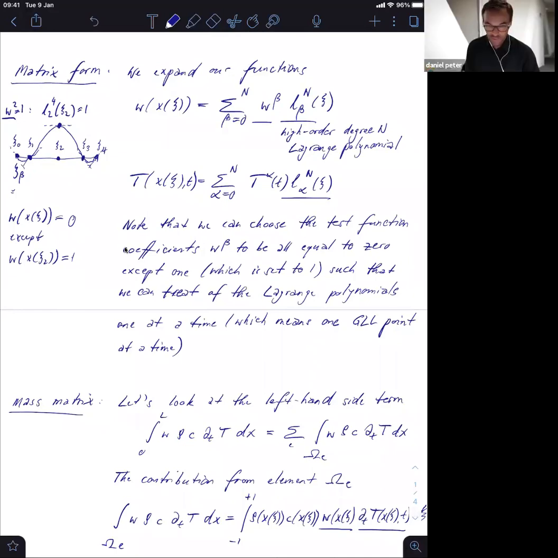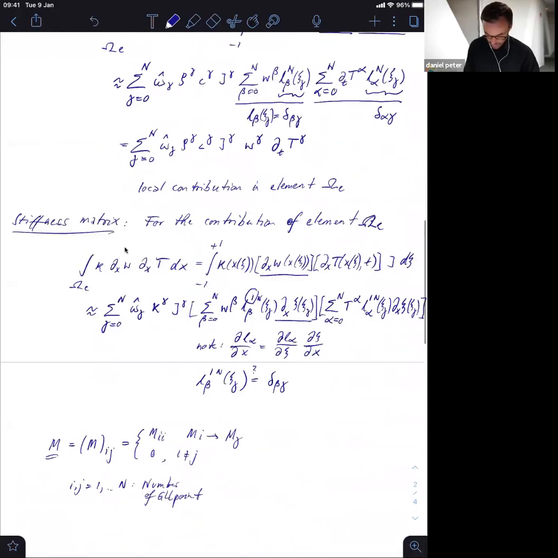So you see the derivative of the polynomial is certainly not zero on, let's say, xi3 or xi4 anymore. The derivative at these positions is not zero. So that property doesn't hold anymore.